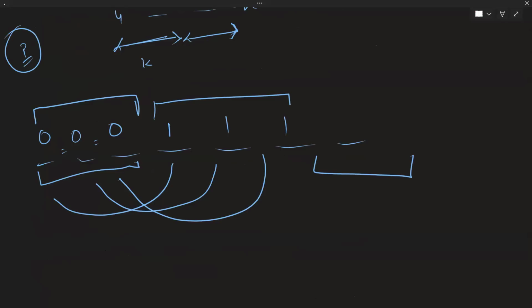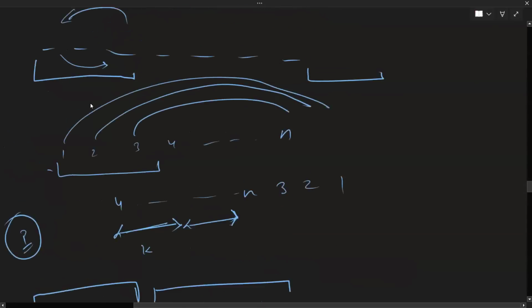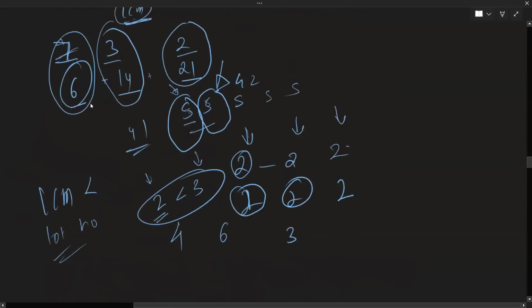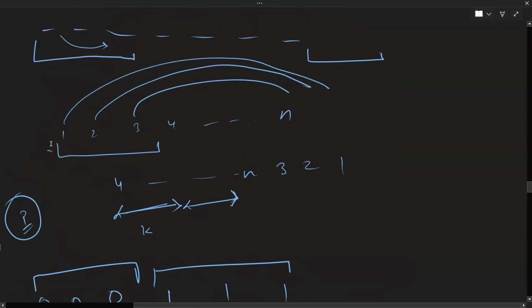So what we are doing is removing these characters and keeping them at the last, right? Let me write the original. The original is 1, 2, 3, 4, all the way up till n.